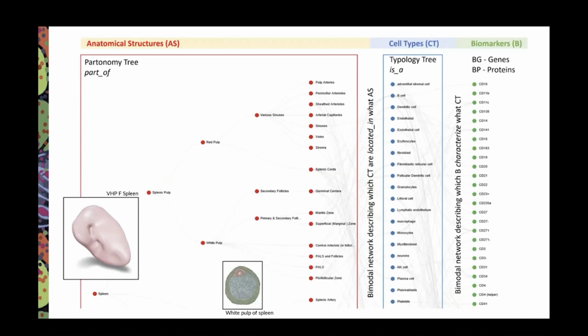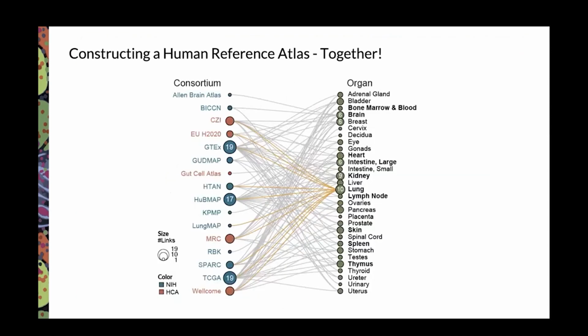On the next slide, you see that it's really not just KPMP and HuBMAP and GTEx and many others funded by NIH that are working on this together, but also different consortia that are supported by the Human Cell Atlas and that are enjoying European and other funding. And on the right-hand side, you see the evolving list of organs, and you also see which consortia are caring about what organs.